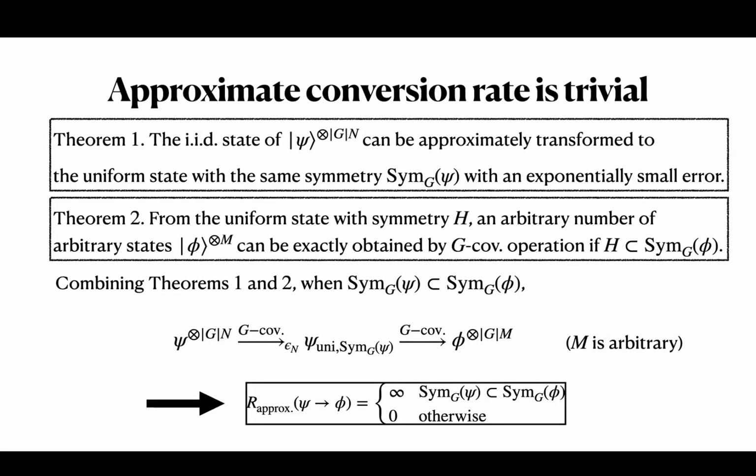And combining these theorems, we can show that psi can be approximately transformed to the uniform state, and the uniform state can be exactly transformed to any arbitrary number of copies of an arbitrary state. And this M is arbitrary, so the approximate rate is either infinite or zero. This is why we need to consider exact conversion in the case of finite symmetry.